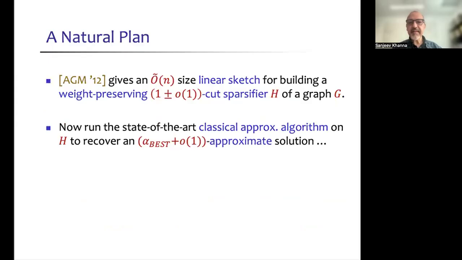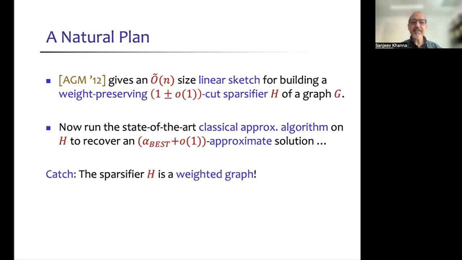Okay, so this lemma suggests a natural plan. AGM already gives us an n polylog n size linear sketch to build a weight-preserving cut sparsifier H of a graph G. We can now simply run the state-of-the-art classical approximation algorithm on H to hopefully recover an alpha-best approximation.